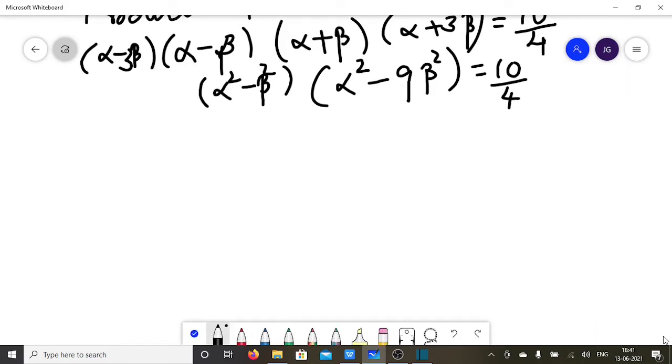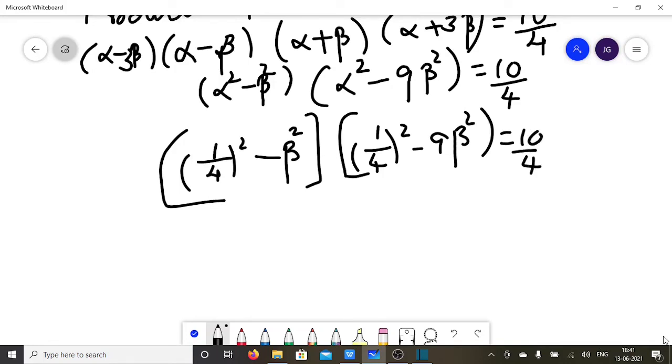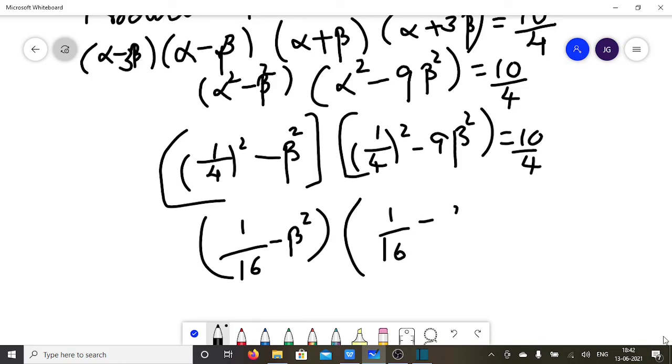So alpha square, we know that it's 1 by 4, so (1 by 4) all square minus beta square, again (1 by 4) all square minus 9 beta square is equal to 10 by 4. That is, 1 by 16 minus beta square into 1 by 16 minus 9 beta square is equal to 10 by 4.